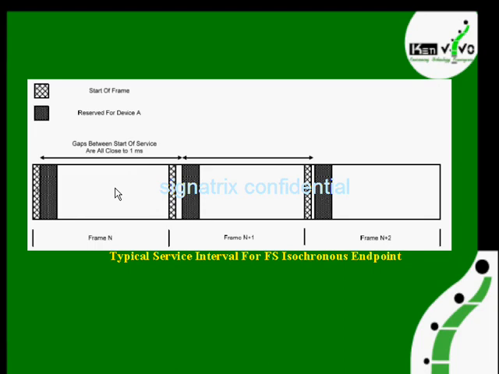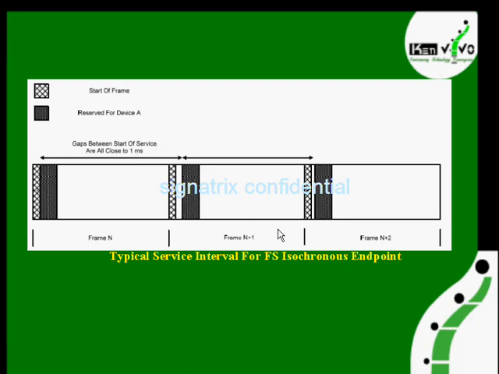Next, see. Here we have 3 frames: frame number n, n plus 1, n plus 2. This diagram indicates the typical service interval for a full speed isochronous endpoint. This shade indicates start of frame, and this is reserved for device A. The gaps between the start of service are all close to 1 millisecond.